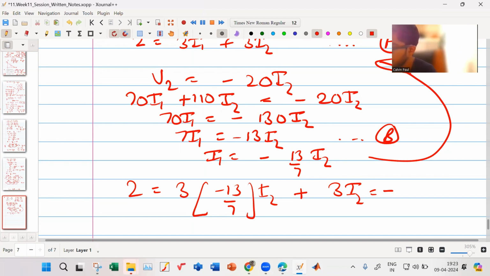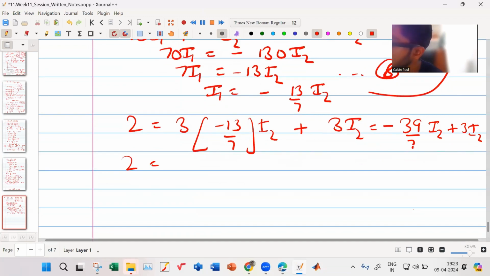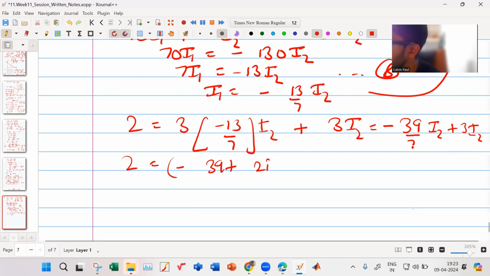This becomes minus 39 by 7 I2 plus 3 I2, which is minus 39 plus 21 upon 7 I2.